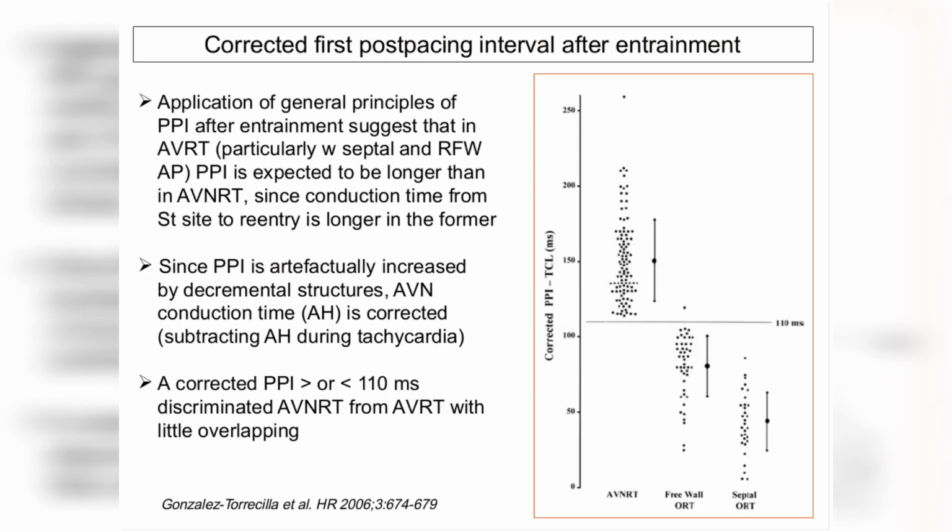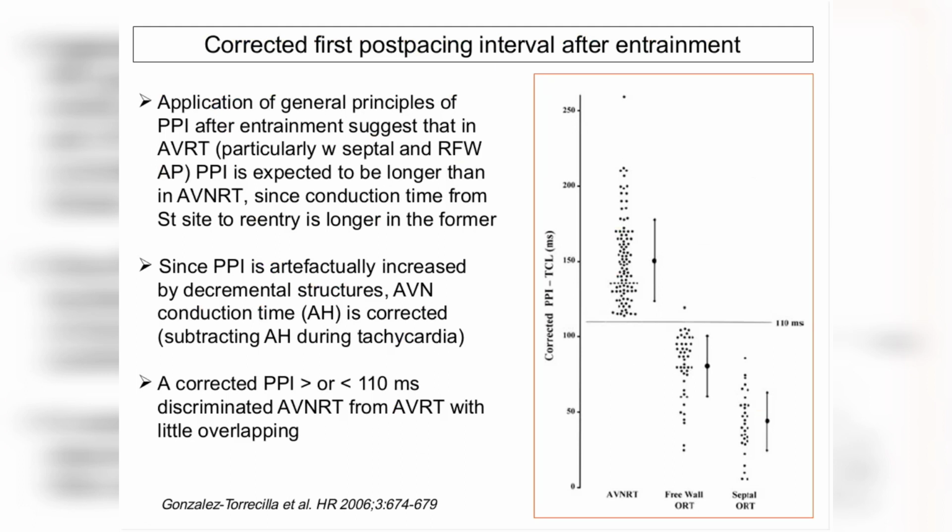Okay, so we will go just for one more thing, and that is the concept of corrected first post-pacing interval after entrainment. In this study, we showed that when we are in front of a tachycardia that has an accessory pathway as part of the circuit, then when we pace from the ventricle, we are closer.